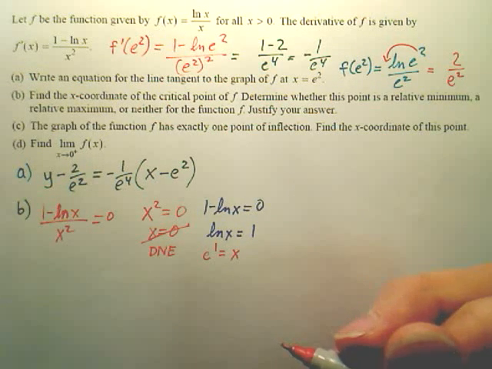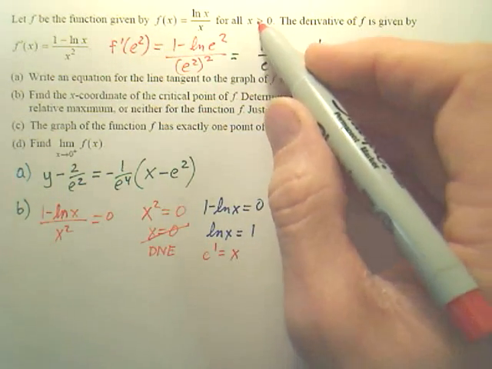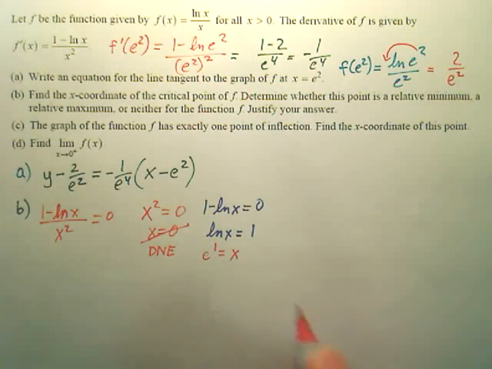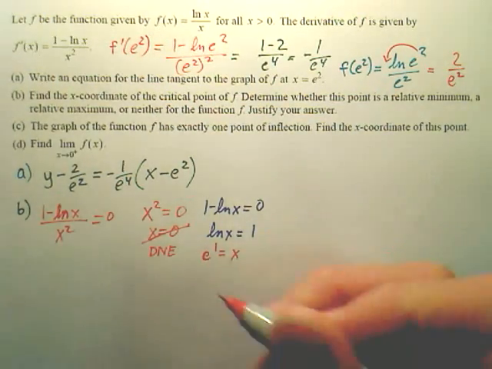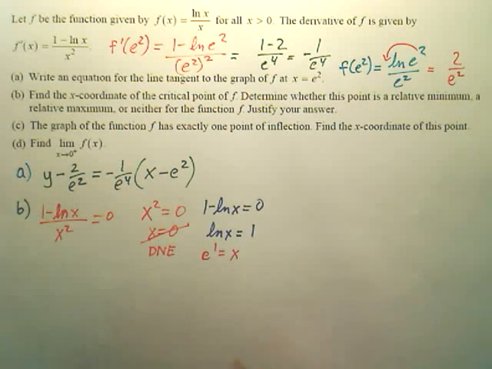So x equals e. Now, is e part of my interval? Is that a value that's positive? Yeah, it's like 2 point something, 7. Okay. So now what we do is we have e here, so x is e. This one didn't work. We have to check e to see if it's a max, min, or so forth.